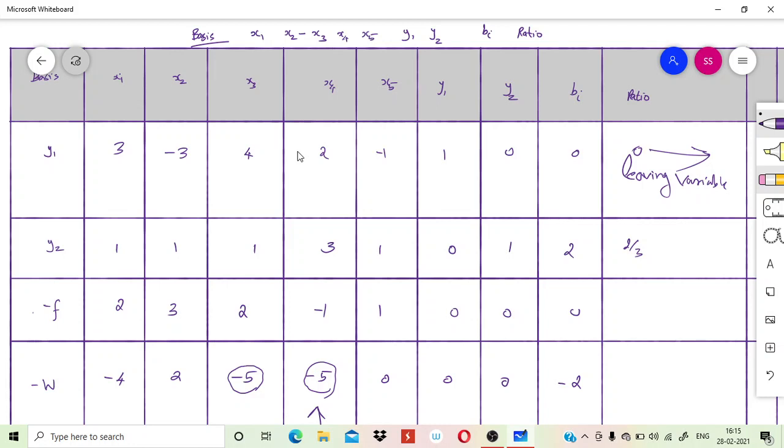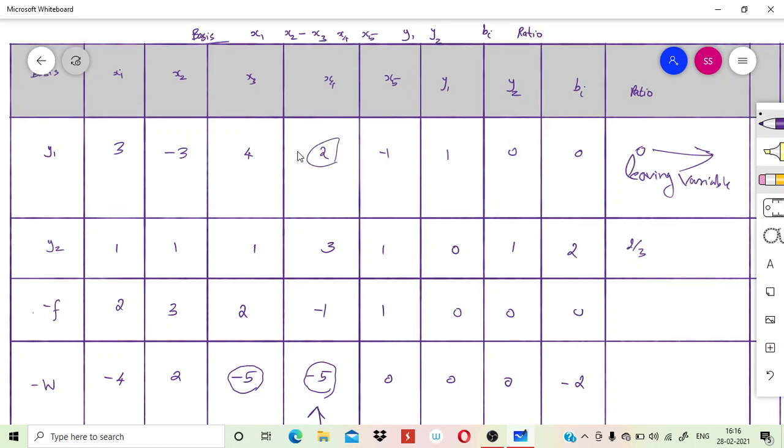So in the updated version of the table, in place of y1 you have to write x4 as the new variable. Then you have to make this element 1.